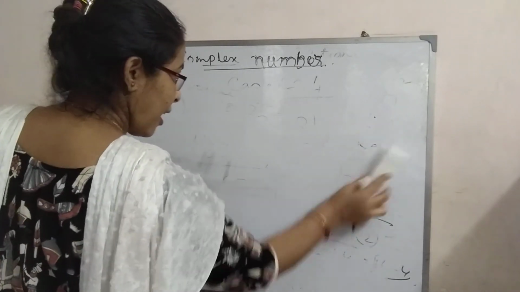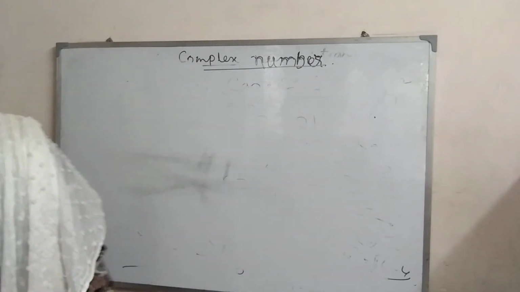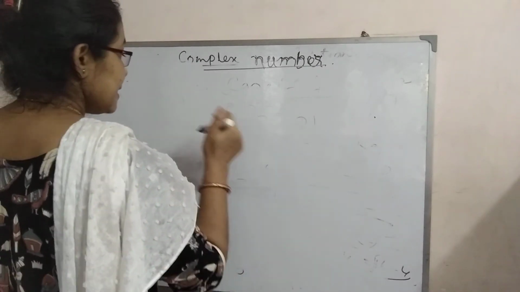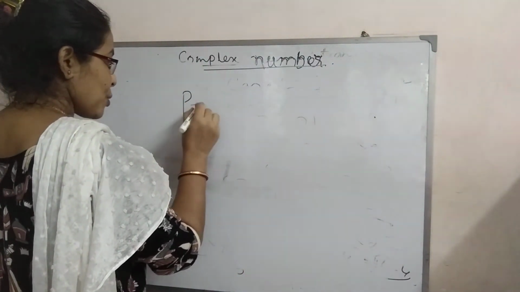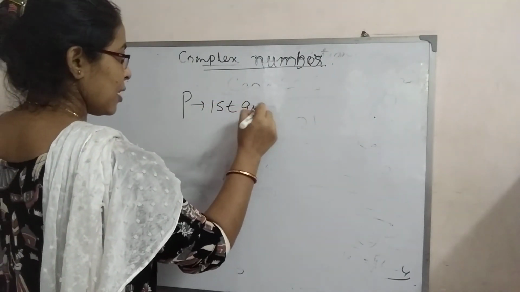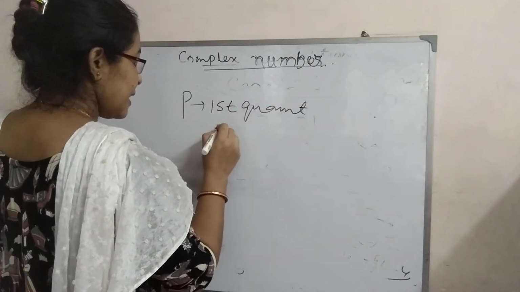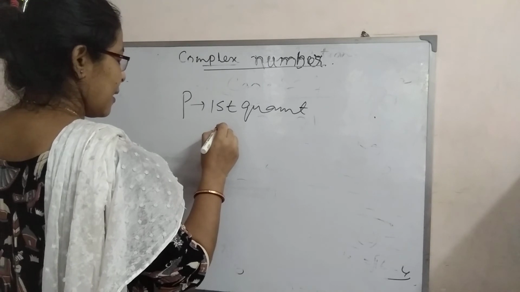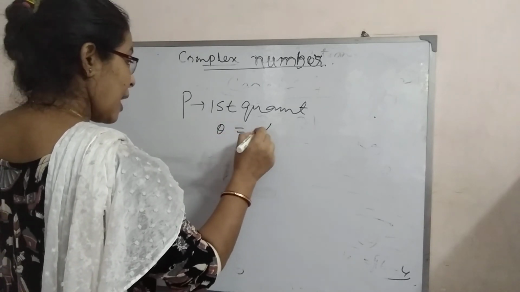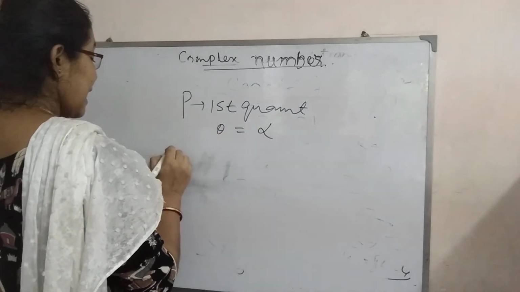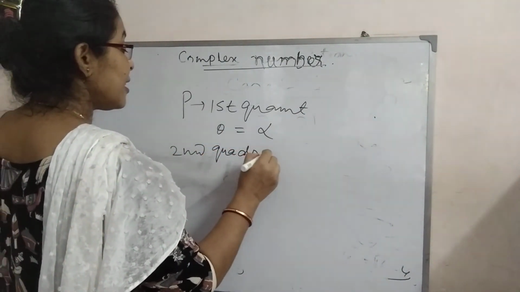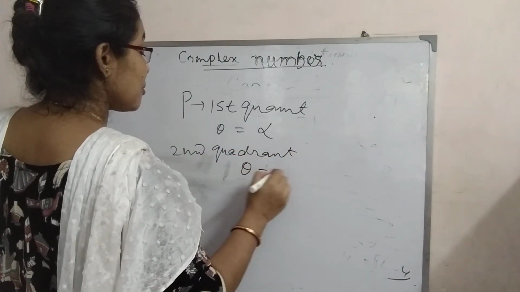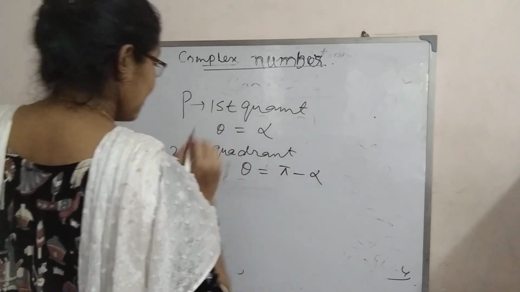That means I have learned 4 cases. When P lies in the first quadrant, then theta equals alpha. If P lies in the second quadrant, then theta equals pi minus alpha.